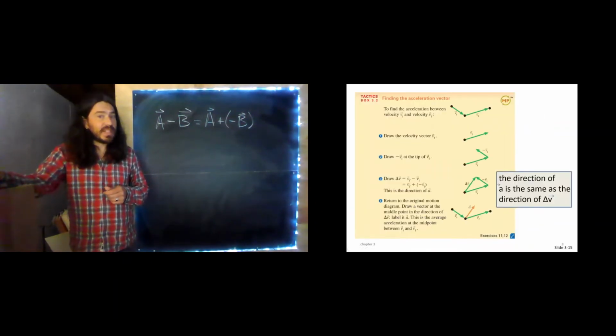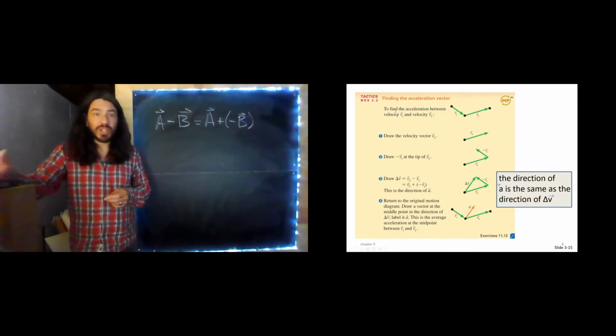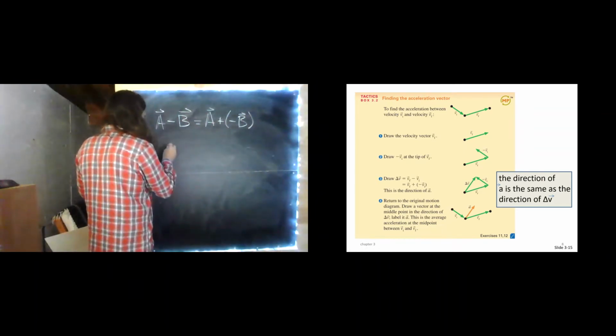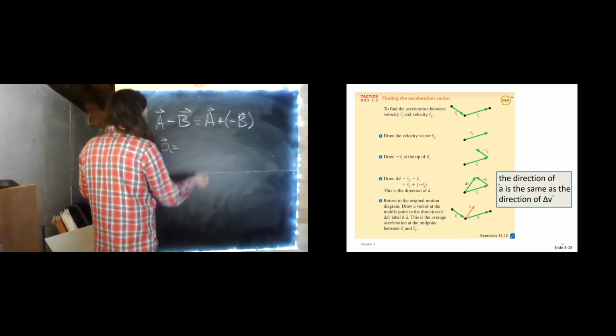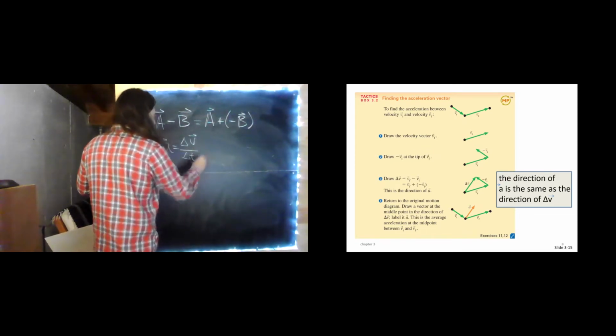One place where we have seen vector subtraction coming in is in acceleration, right? Remember that acceleration is a vector. And remember that an acceleration vector is equal to a change in velocity over a change in time.